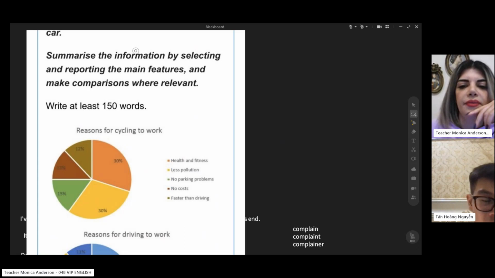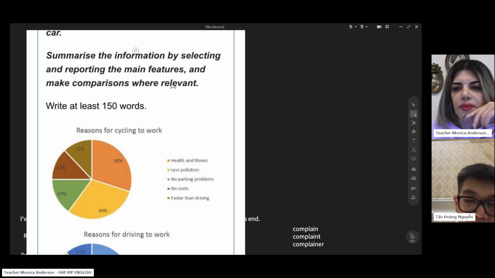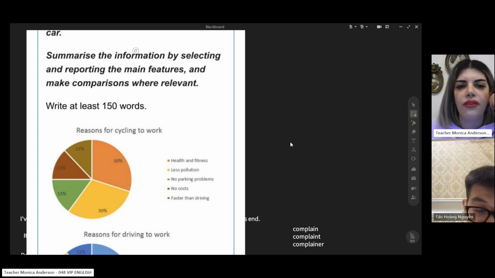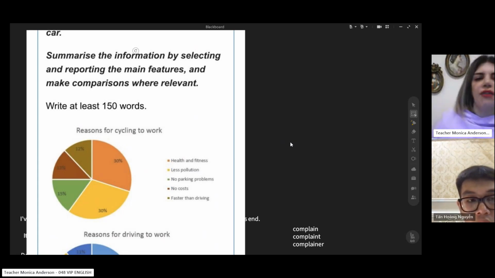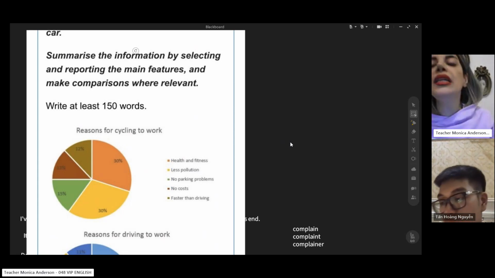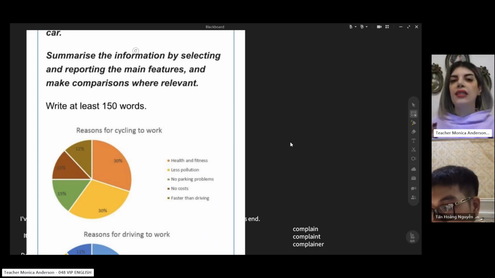I think the main feature is health and fitness with less pollution, which is the highest segment. Very good, of course, the biggest segment. And now we need to identify some features.